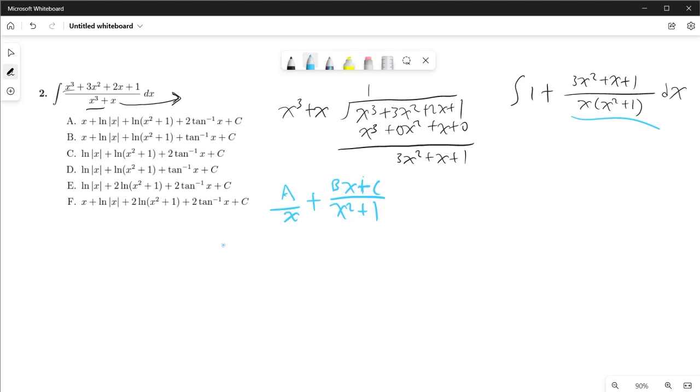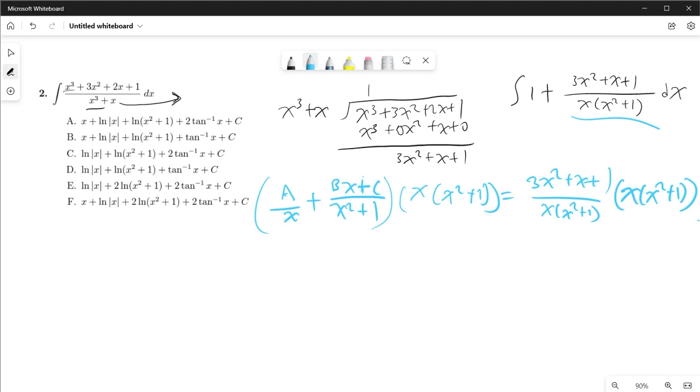And then all of this would be multiplied by x times x squared plus 1, this whole thing. Then I also have the other side of the equation. I'm just multiplying both sides by the denominator. So this will cancel out.